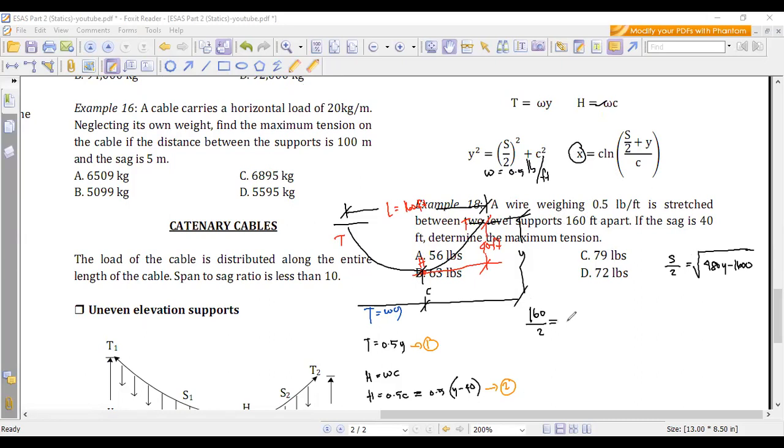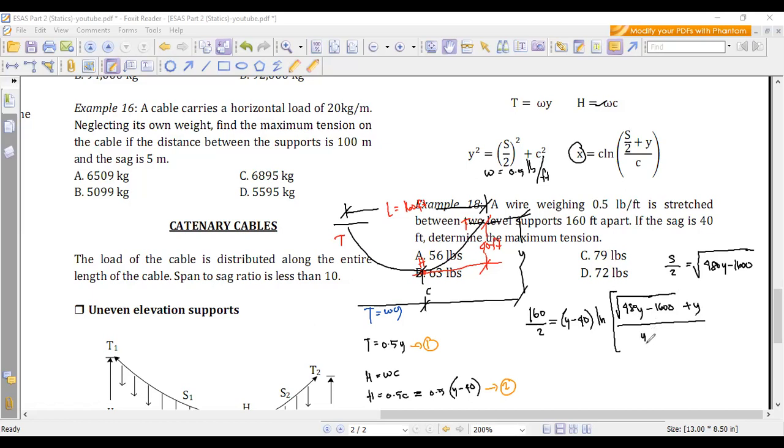That is c. So c, on the other hand, is y minus 40, and then ln of s over 2, so that is the square root of 480 y, I'm sorry, 480 y minus 1600, plus y, divided by c.